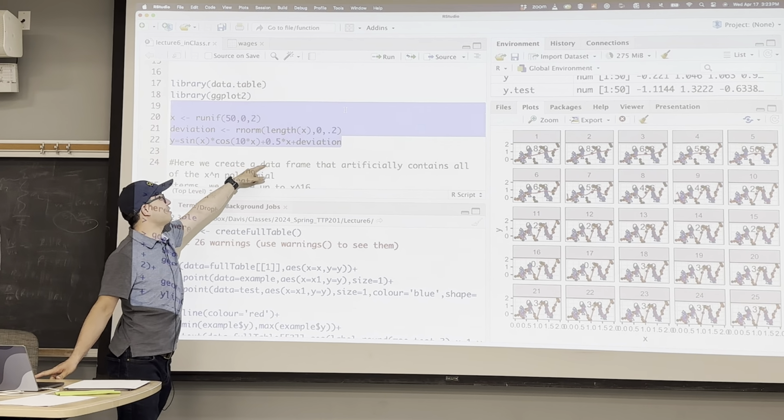And the particular cross-validation technique that we're going to talk about today is known as k-fold cross-validation.